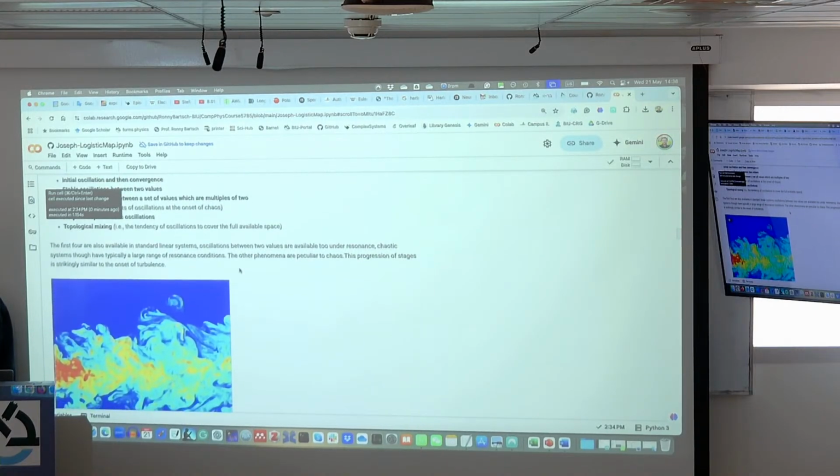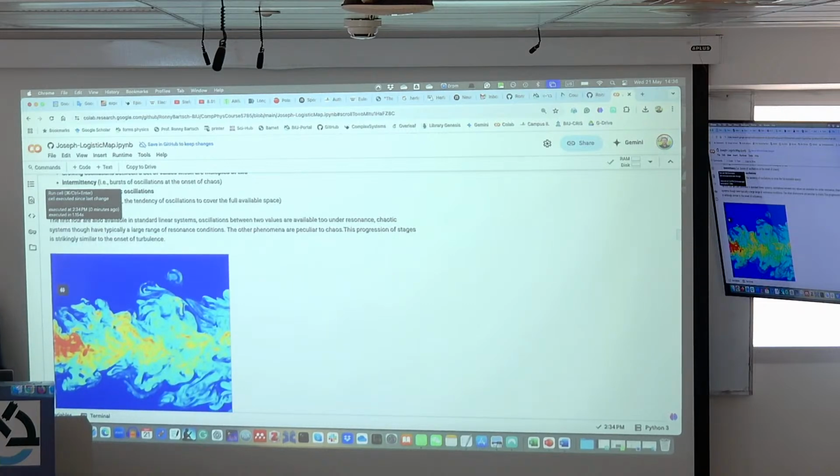Actually, how it changes with R is very close to turbulence. For turbulence, you set a stick in the window of the water, and if the water flow isn't so fast, it will just make two flights.